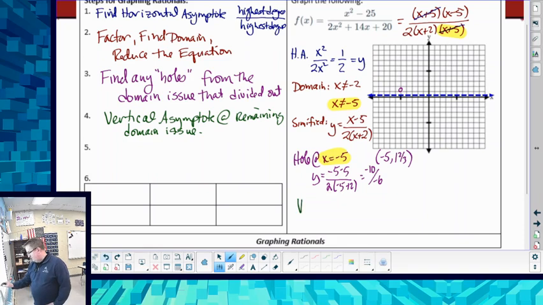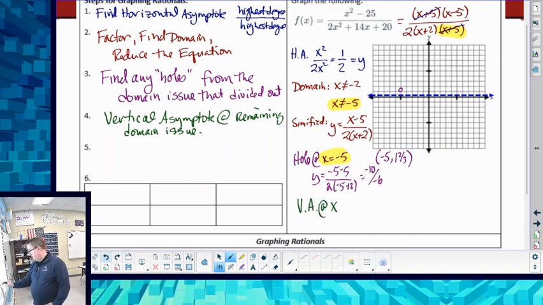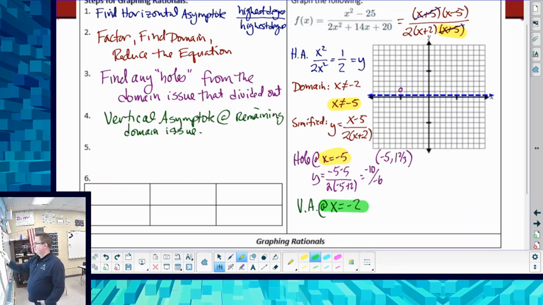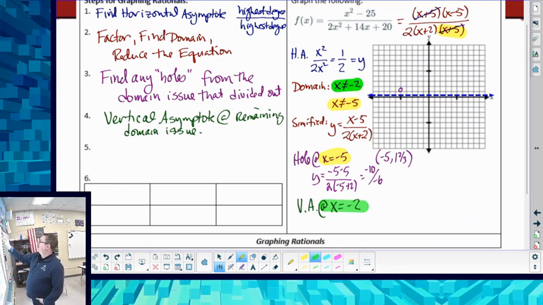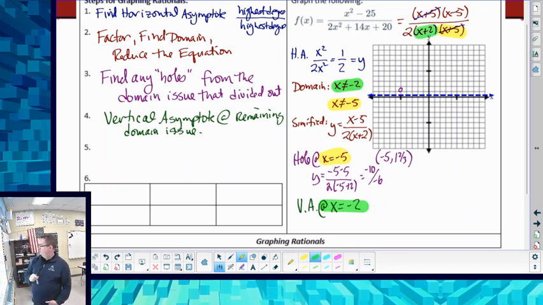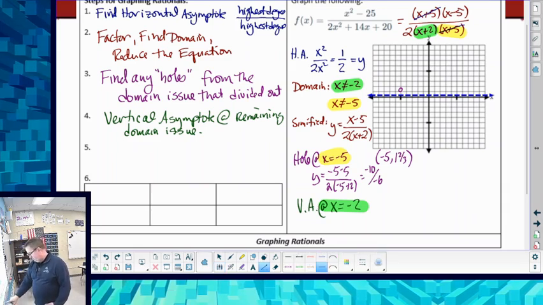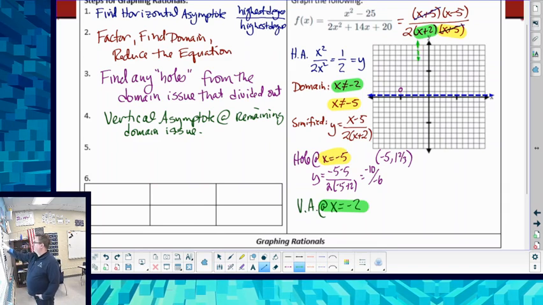So that means I'm going to have a vertical asymptote at x equals -2. And again, this is coming from here, and that's the domain issue that's not dividing out. So I'm going to draw a very nice line here at x equals -2.